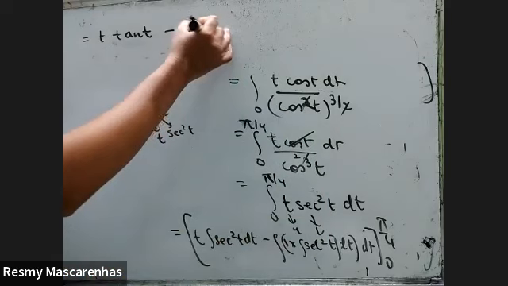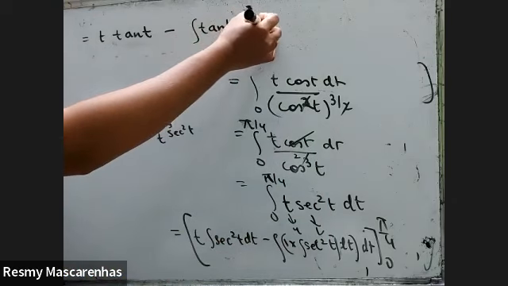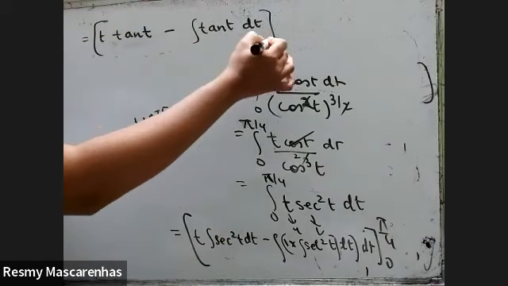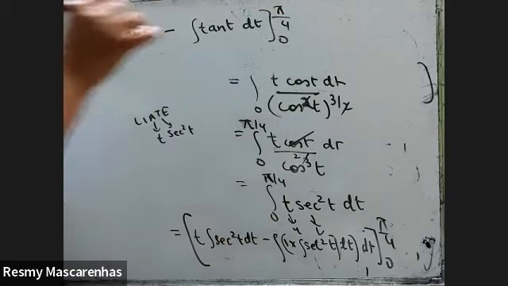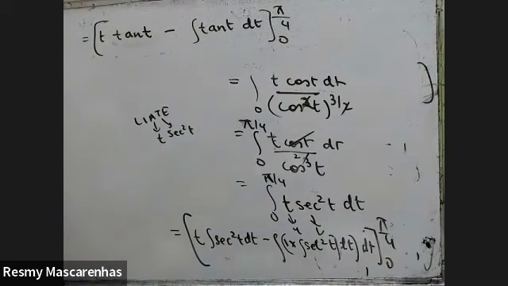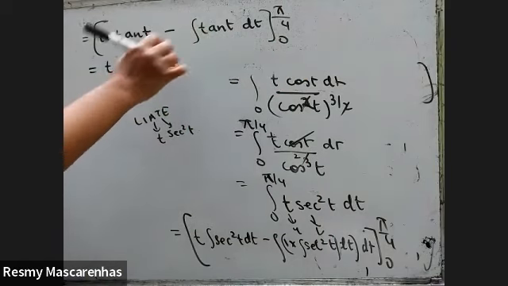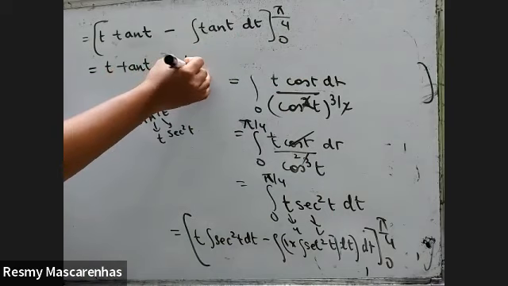Integral of sec square t is tan of t, 0 to pi by 4. So t tan of t minus, integral of tan x is log of sec of x.